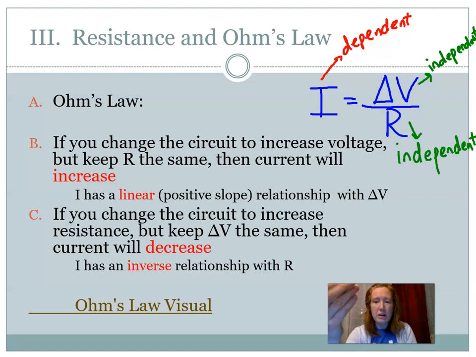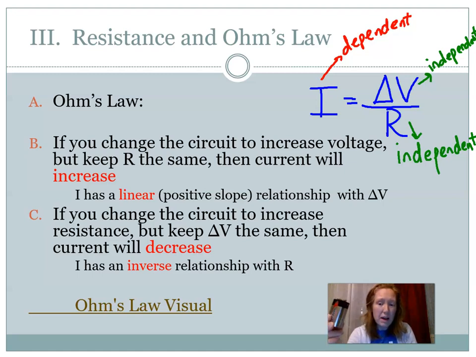This is a 9-volt battery, but because I have so much resistance in my skin, I just don't get much current flow. And current is represented by the variable I, so that is the dependent variable in this situation.